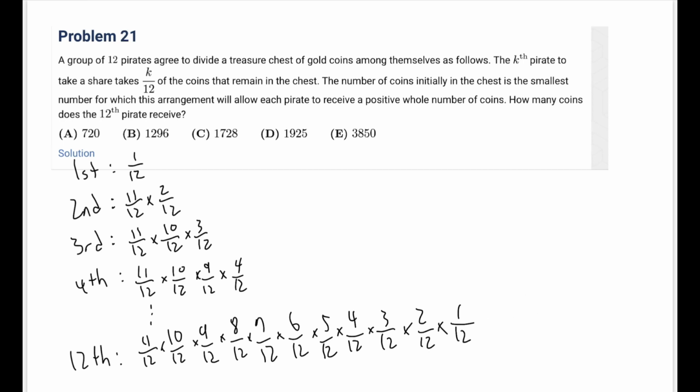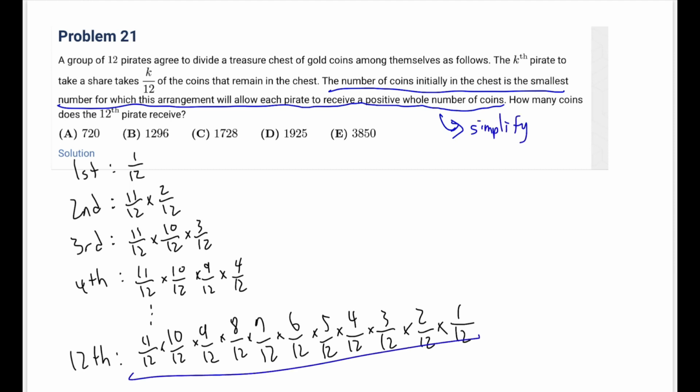And so the number of coins initially in the chest is the smallest number for which this arrangement will allow each pirate to receive a positive whole number of coins. So this means that we just need to simplify this whole thing, the 12th pirate, right?